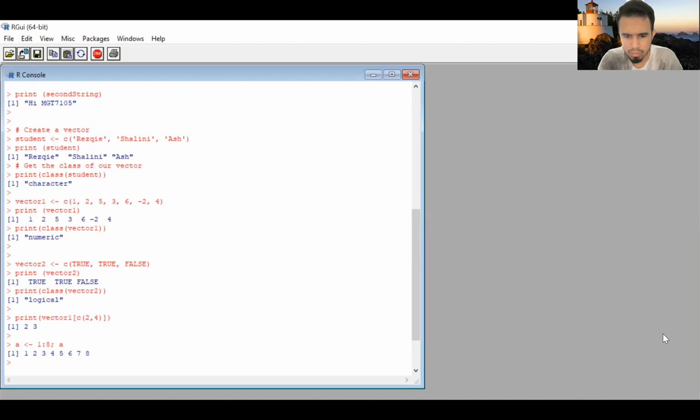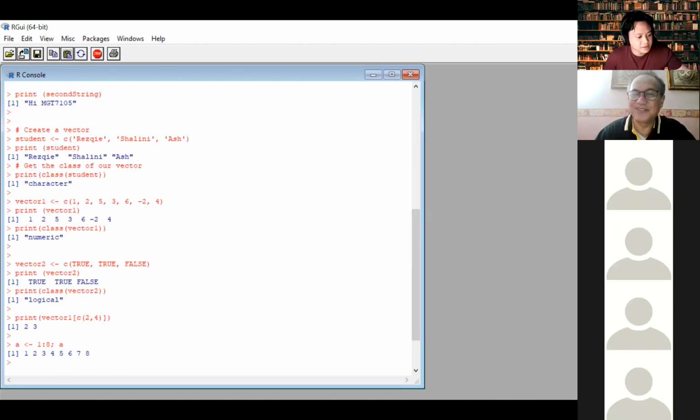Will you also be teaching us regarding Shiny, Prof? Okay, we can open up Shiny, but not today. We will guide you to use Shiny. When you generate Shiny, it will generate using a web interface. You will open it up using a browser, so you will see the dashboard on a browser.